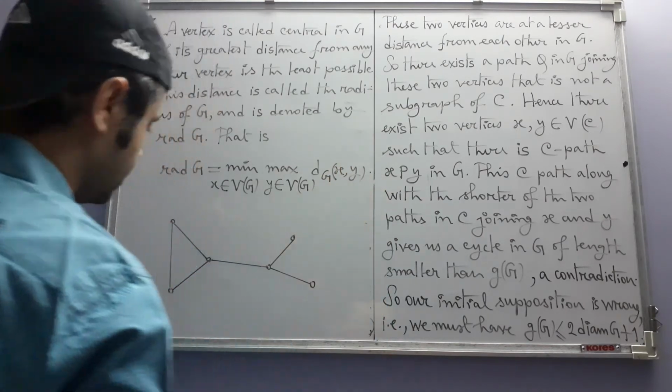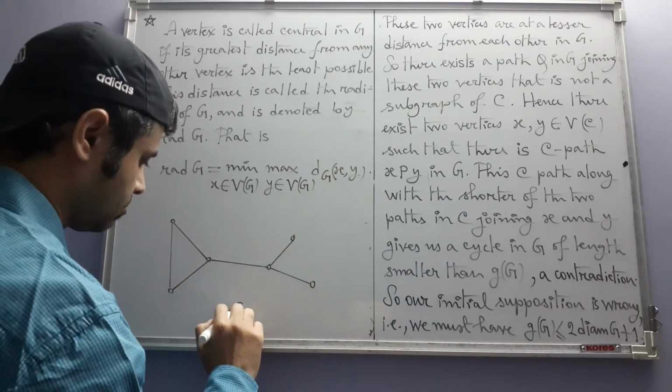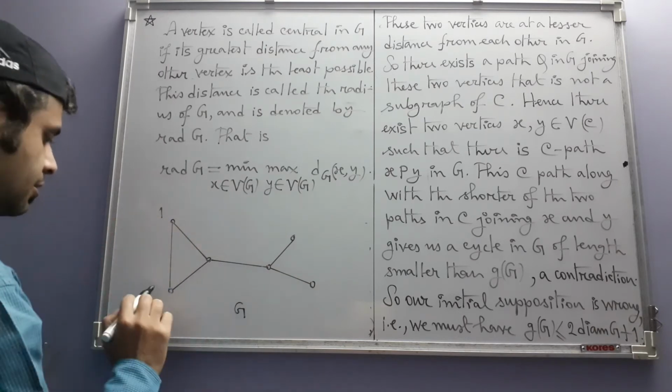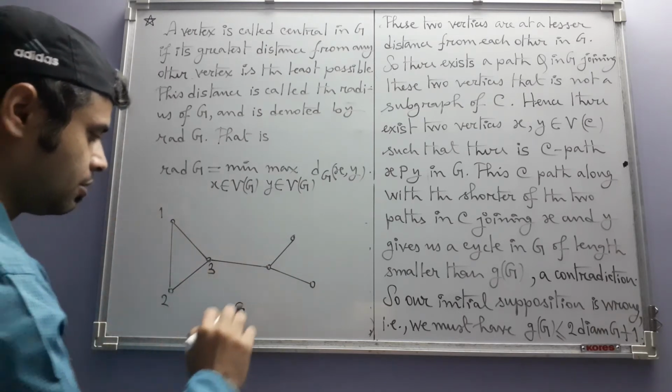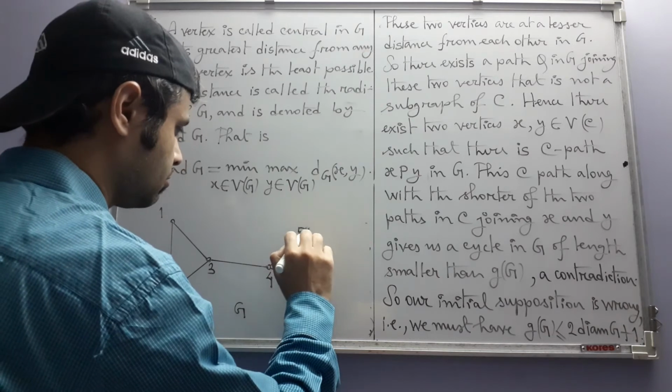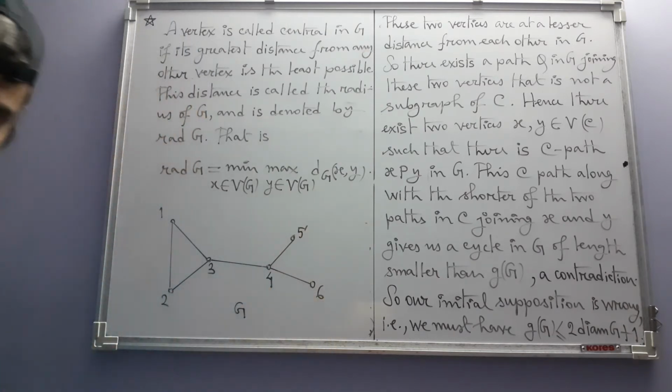So this is a graph G and these are its vertices 1, 2, 3, 4, 5, 6.